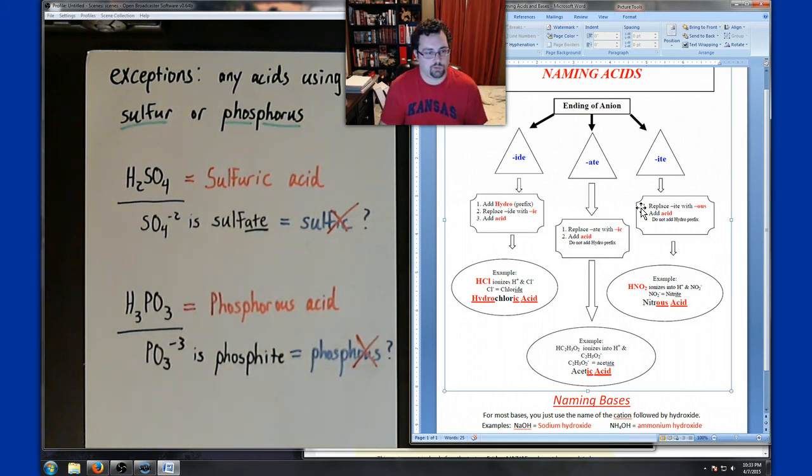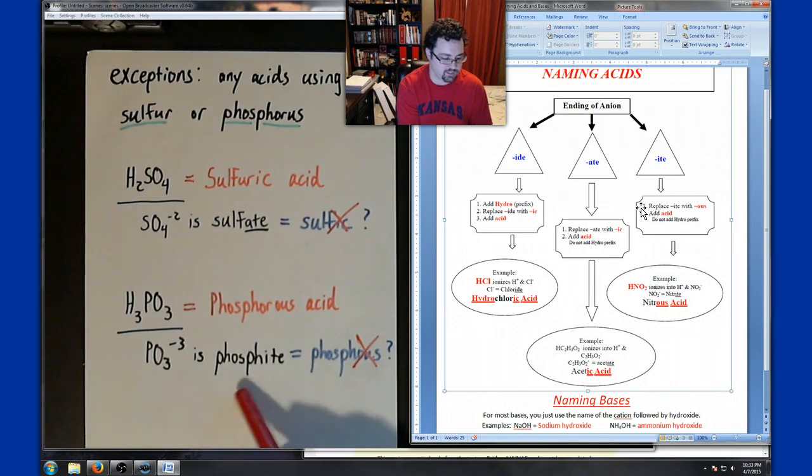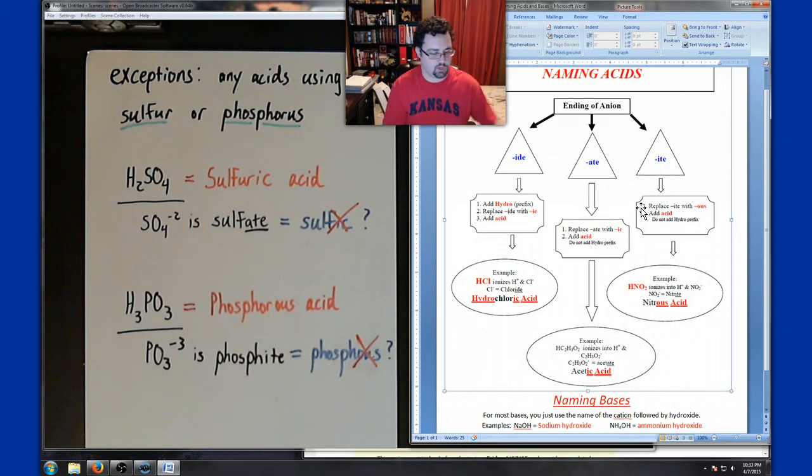And then the same thing with phosphorus. H3PO3 is phosphorous acid, even though PO3 minus 3 is phosphite, so the "ite" should change to "ous", so it should be phosphous acid, but for some reason it's phosphorous acid. They keep their whole name and then they add the other stuff on. So those ones are a little bit tricky and annoying.